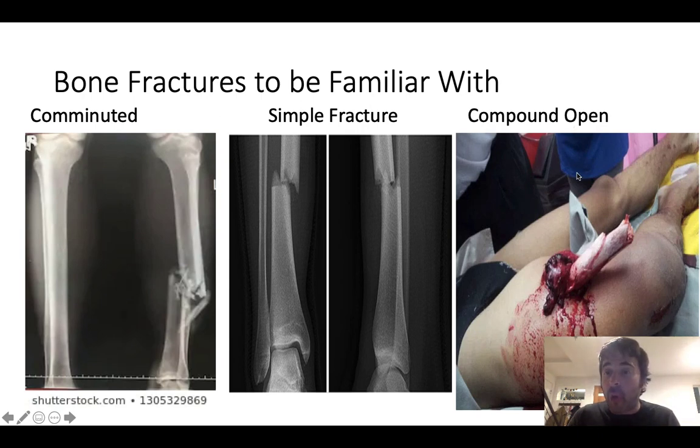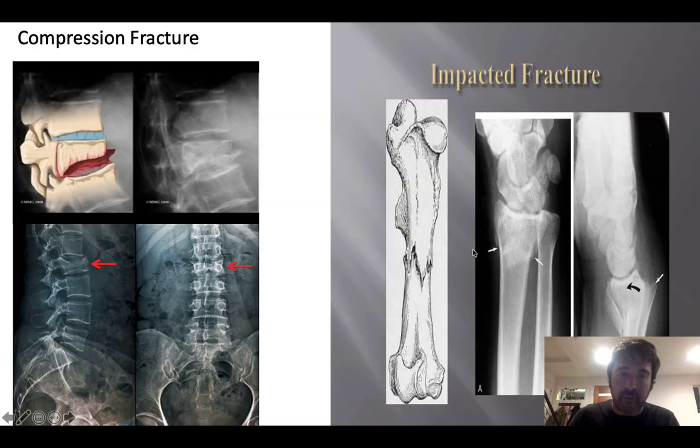A compound open fracture is when the bone breaks completely and it projects out of the integument, and you can actually physically see that bone, so that would be a compound open fracture. A compression fracture is just when bone essentially gets smushed. And an impacted fracture is when one bone breaks and then it pushes up into the superior or inferior region of the bone, depending on how that impacted fracture occurs.